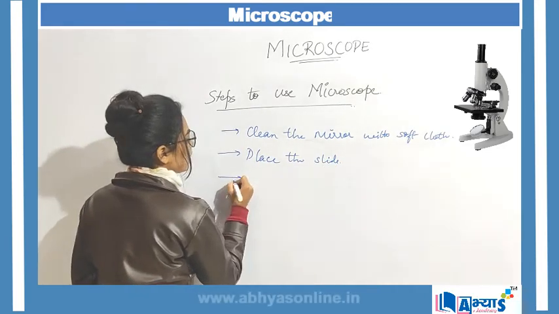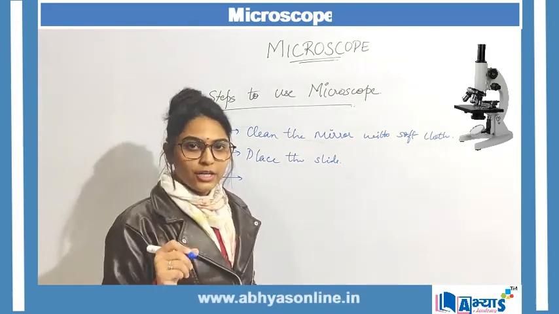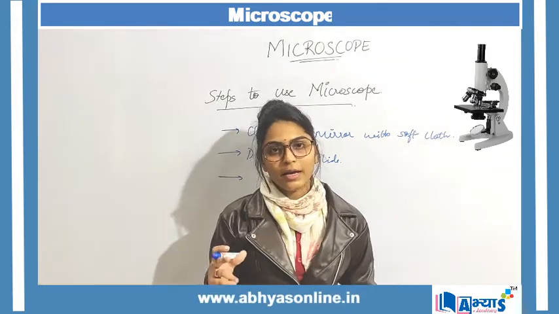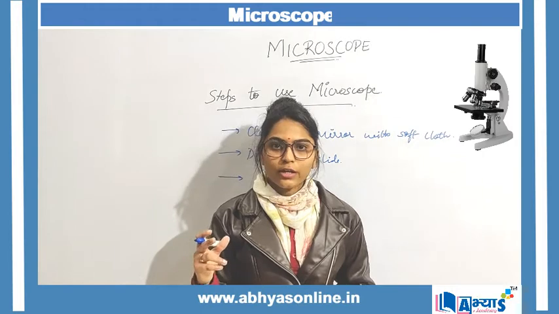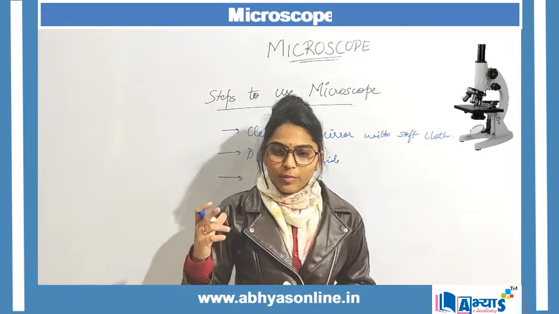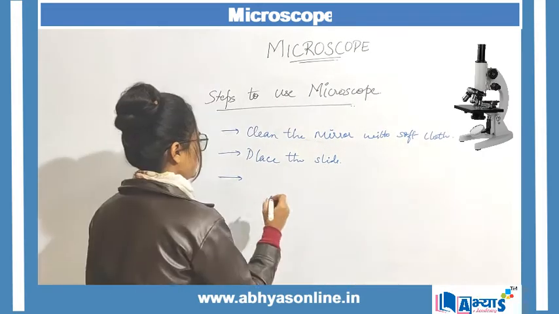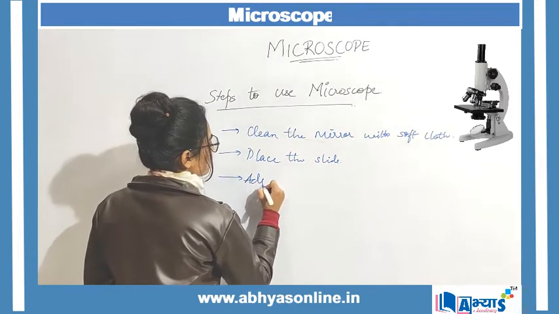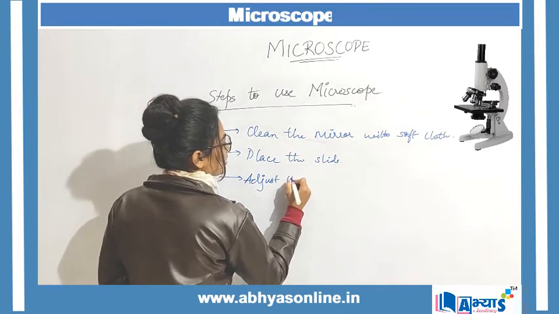Then the third step is to adjust the objective lens and the eyepiece lens so that the image is visible to you properly.